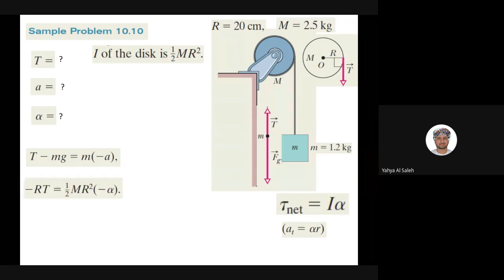So my net torque is R cross F, so R times minus T, is equal to I alpha. This is R cross F, this is I, and this is alpha. So you have two equations, one with forces, one with torques.